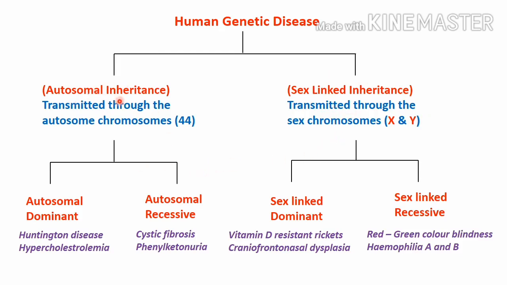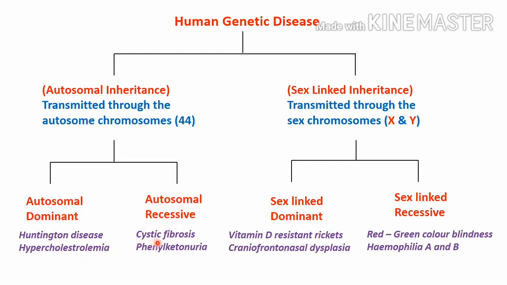In both autosomal and sex-linked inheritance, the disease or condition can be dominant as well as recessive, and examples are given below for each category. Autosomal dominant examples are Huntington disease and hypercholesterolemia.